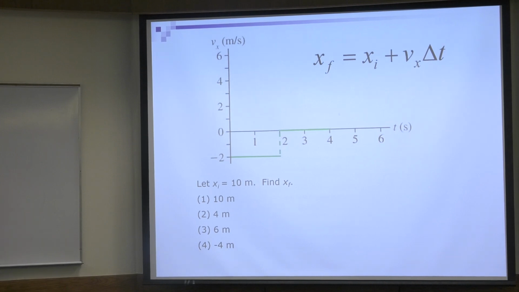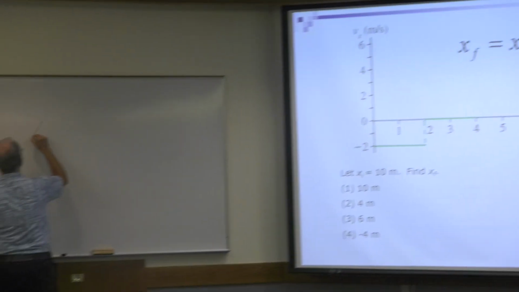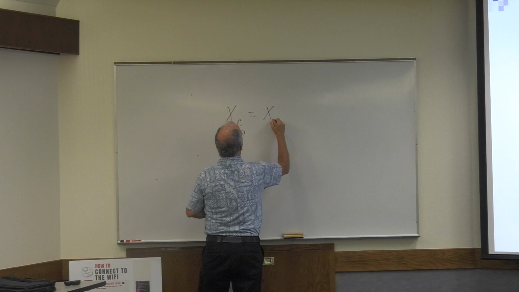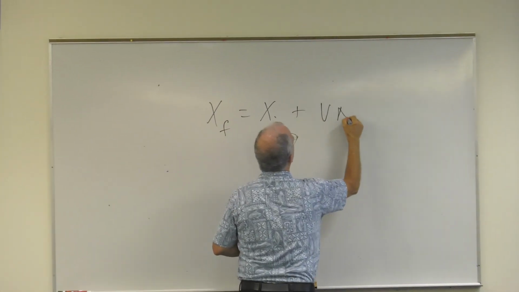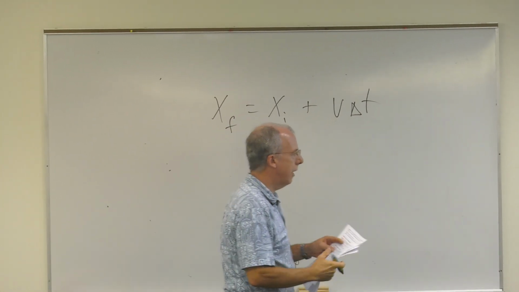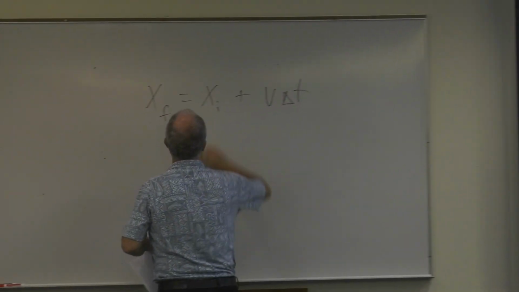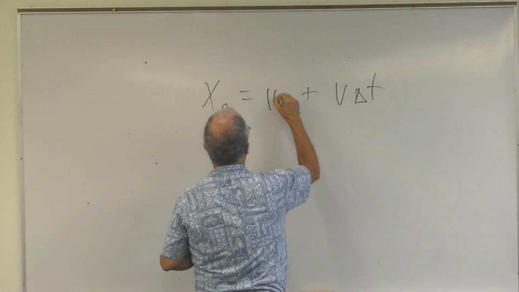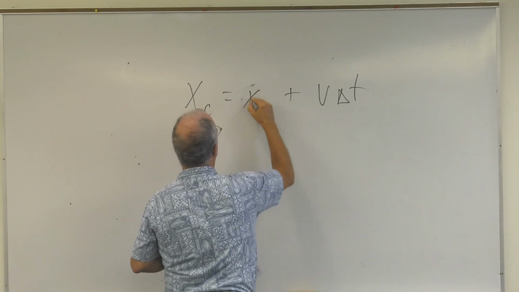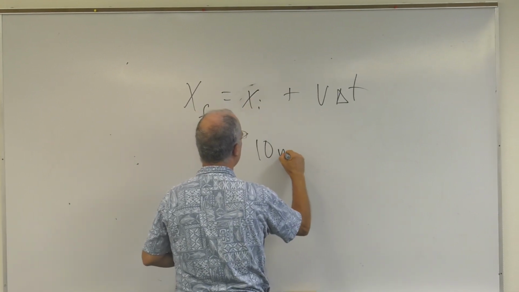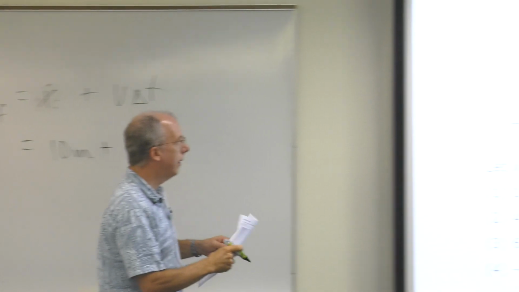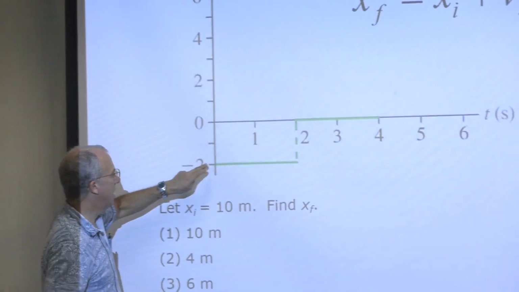All right, let's do it. So x final equals x initial plus v delta t. It says x initial is 10 meters. And then the velocity is negative.